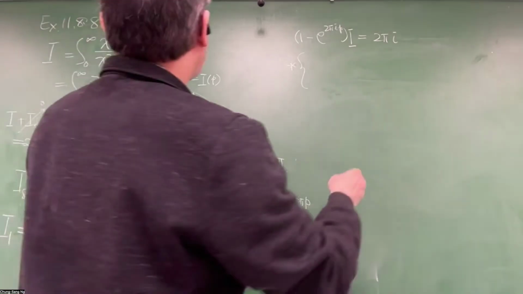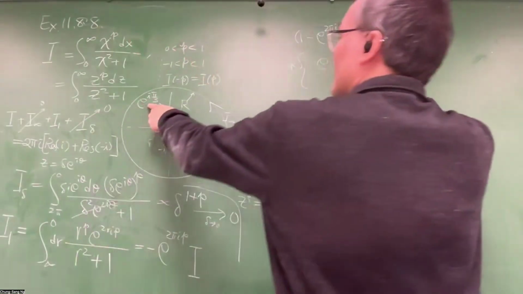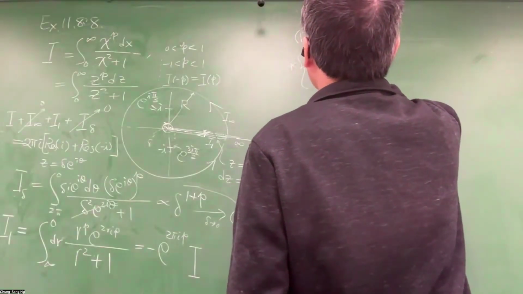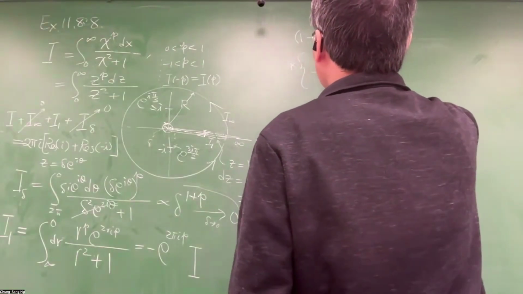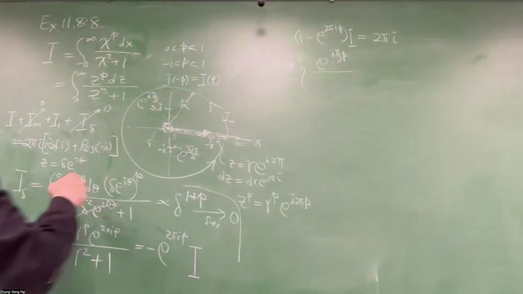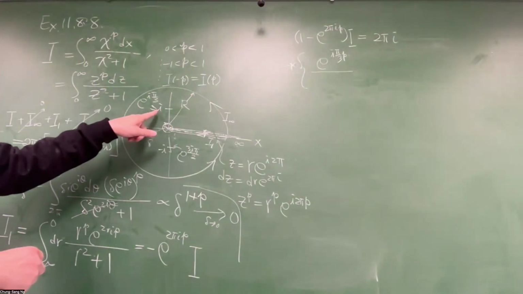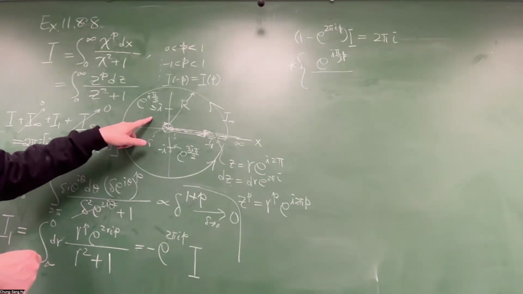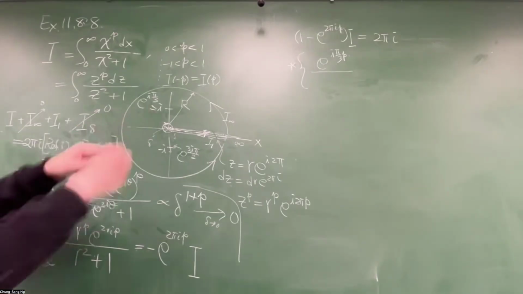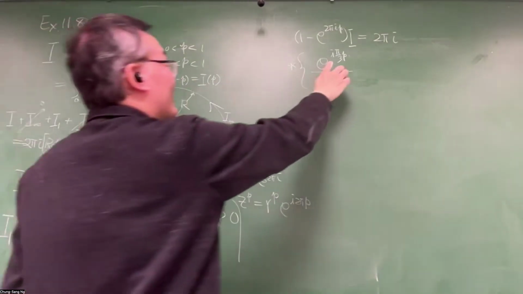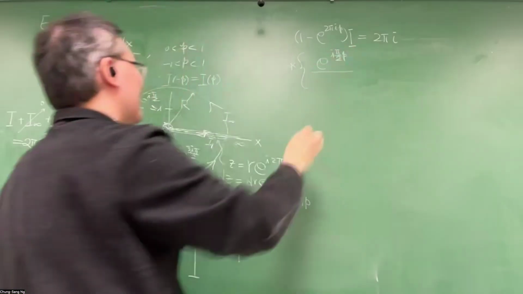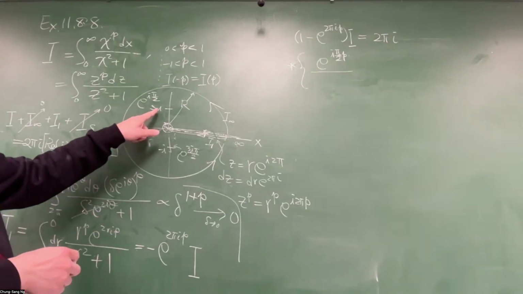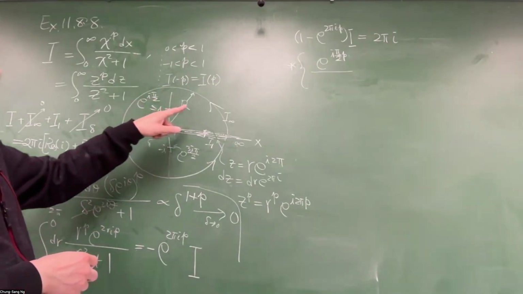So for the i, you have e to the i pi over 2 times p, divided by, so this is your z minus i already canceled. Yeah, up high, you're right. Just got distracted by the previous example too much. This is i pi. Yeah.